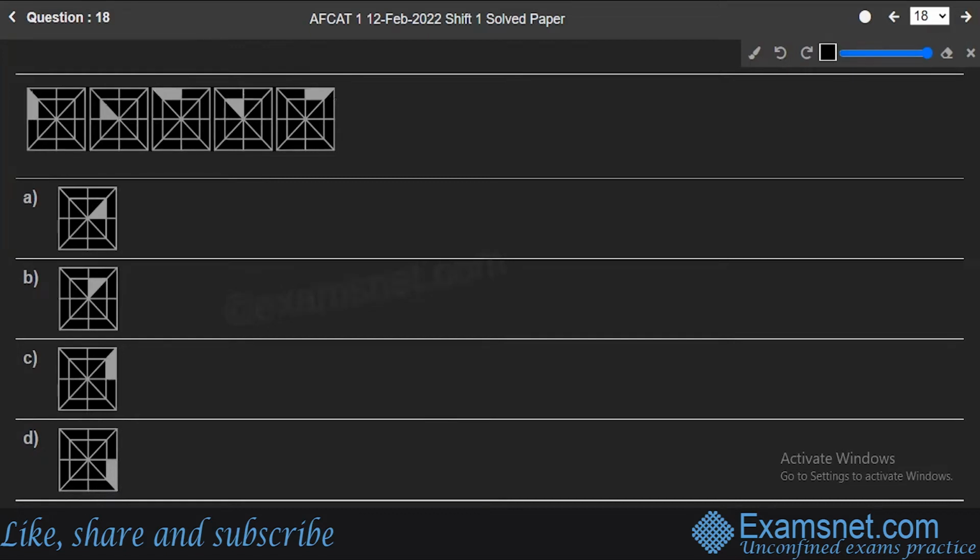Now, obviously, if I'm looking at the next one, this should have gone over here, right? So in which one has it moved over here? Obviously, this is the one in which it has moved. The next figure will be this one only. So option B is the correct answer to this question. Hope this is clear. Let's move to the next question.